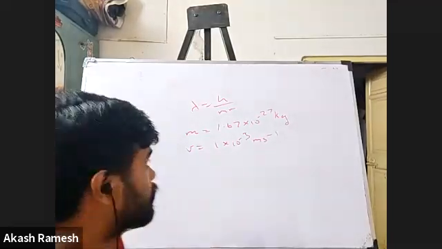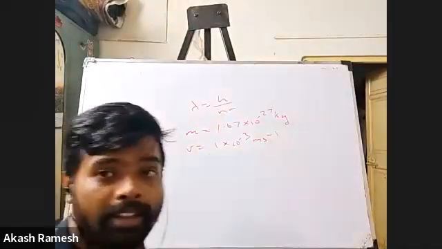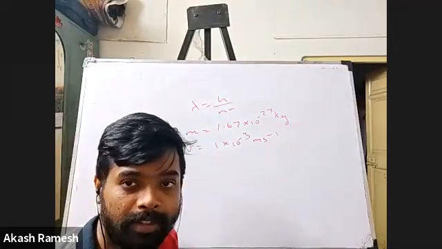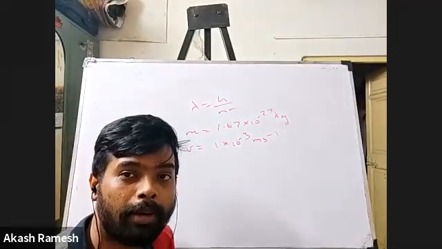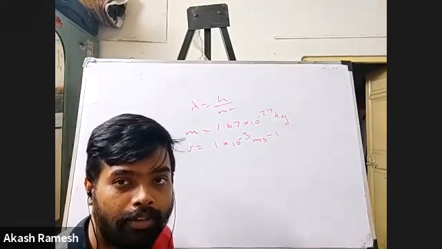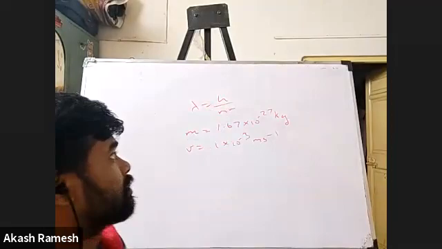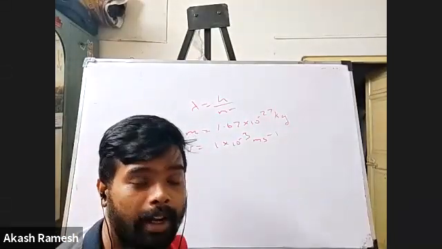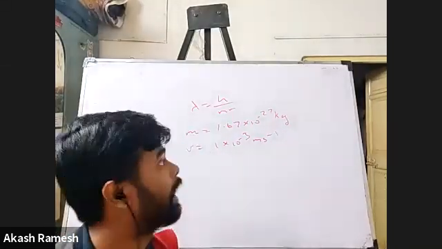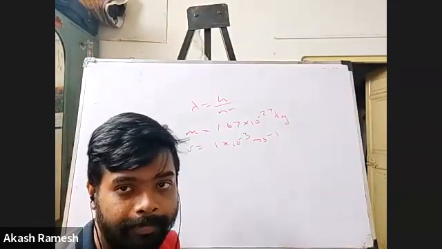So the lambda term is for the wave, and the m term is for the particle. De Broglie's hypothesis connects both the particle nature and the wave nature of a substance: lambda is the wave property and m is the particle property, and both are connected.